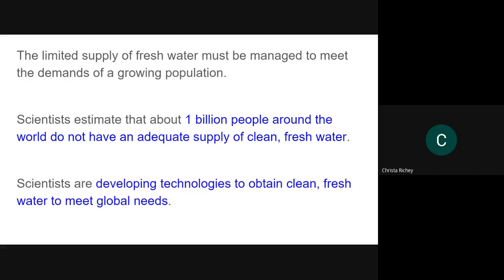So what we're trying to do is find new ways to process the water, to remove impurities, toxins, pollutants, bacteria, things that would essentially make you sick. So if you drank it, you'd have diarrhea and vomit, then you drink more and you'd have more diarrhea and vomit.